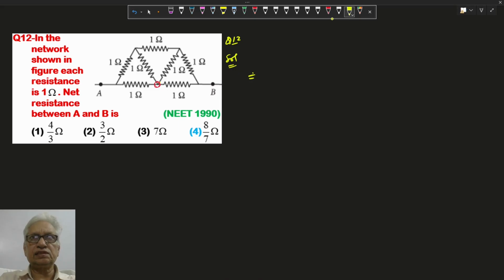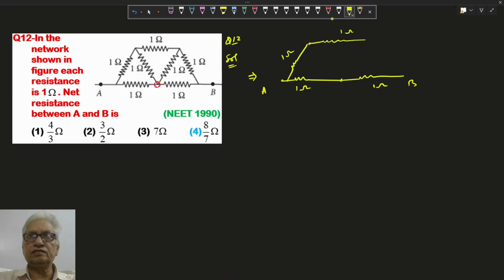It means the simplified circuit can be like this: 1 ohm, 1 ohm, and this one is 1 ohm, 1 ohm, 1 ohm, 1 ohm.